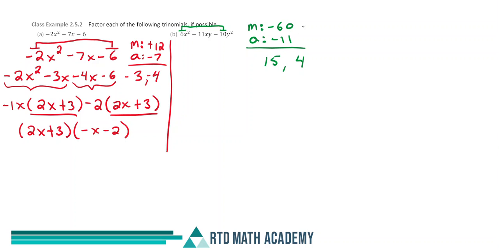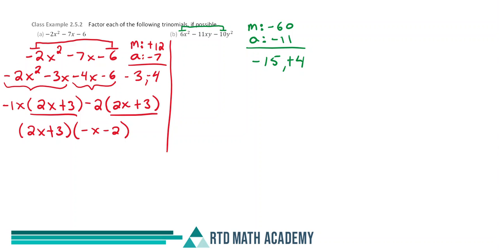So I need to multiply to negative 60. So the way that can happen is one's got to be negative and one's positive. Okay, so I just got to figure out which one's negative and which one's positive. So in this case, it's going to be this one, right? Negative 15 and plus 4, because negative 15 plus 4 gives me negative 11. If I had those backwards, then I would have had positive.